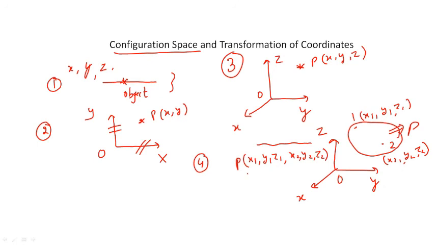It may be somewhere in a 6-dimensional space. That 6-dimensional space is called the configuration space or phase space, with coordinates x1, y1, z1, x2, y2 and z2.